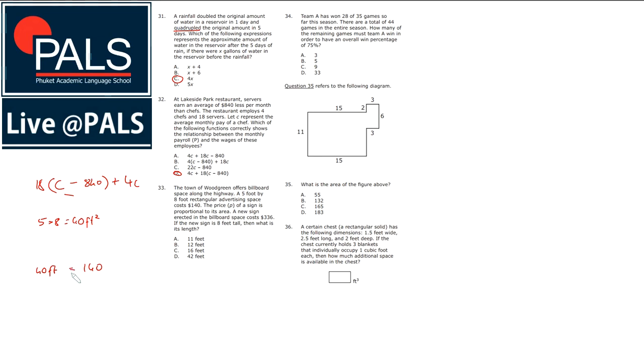So if 40 foot cost 140, then an X foot billboard will cost 360. So that means the area of that billboard would be equal to 360 over 140 times 40.